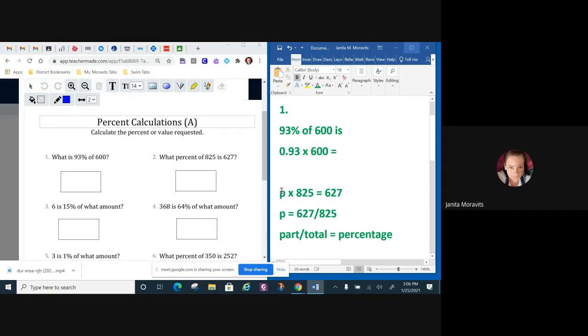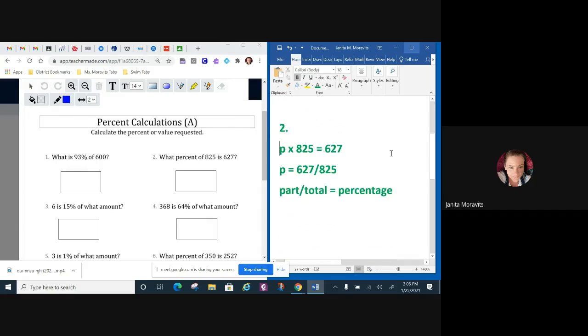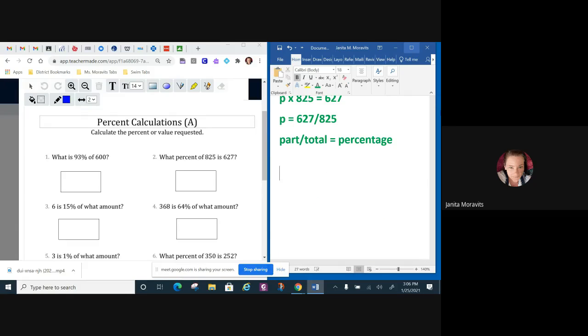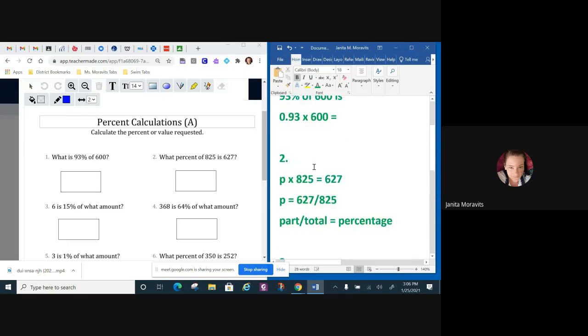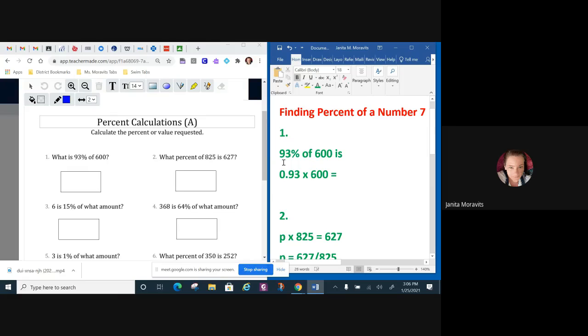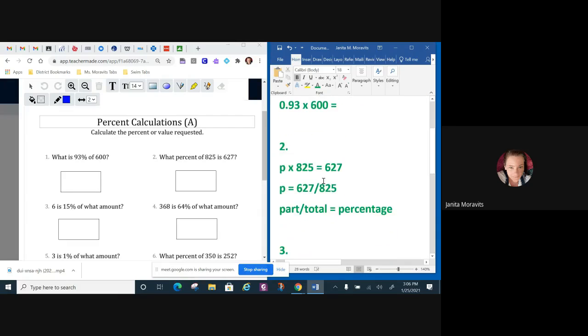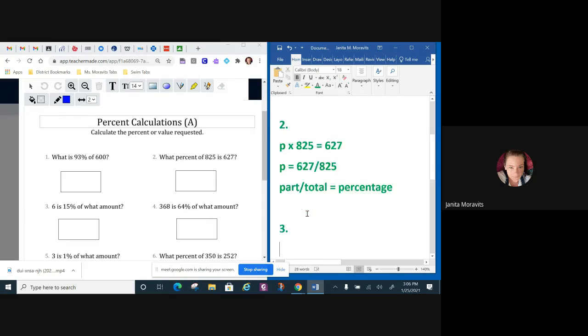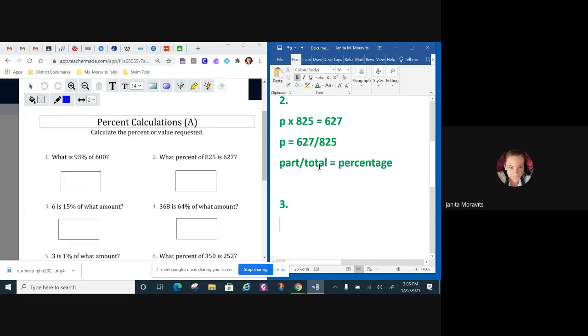Now let's do problem 3 right here. So up here, we had the percentage of a number is. Those are the typical ones you've seen. Then right here, we didn't know what the percent was, so we took the part, divided it by the total, and got the percentage.